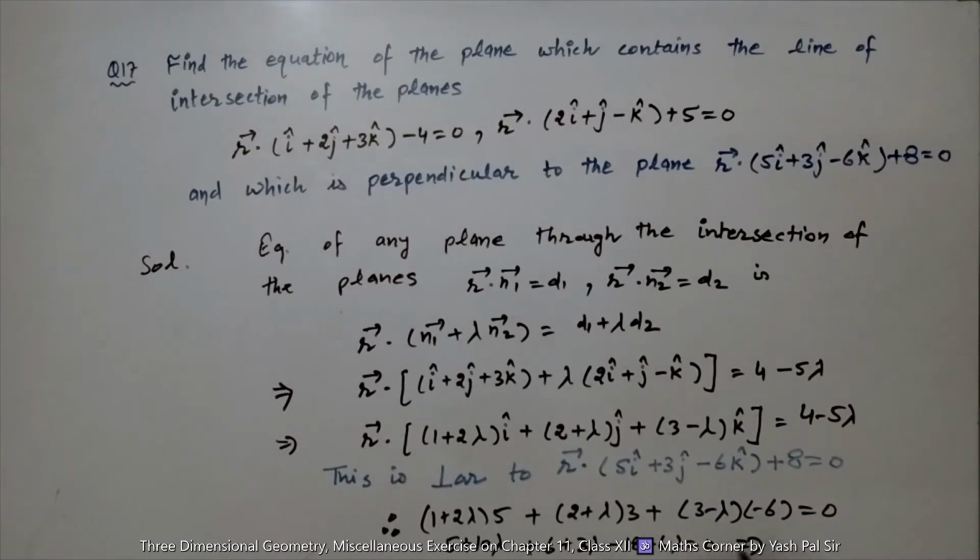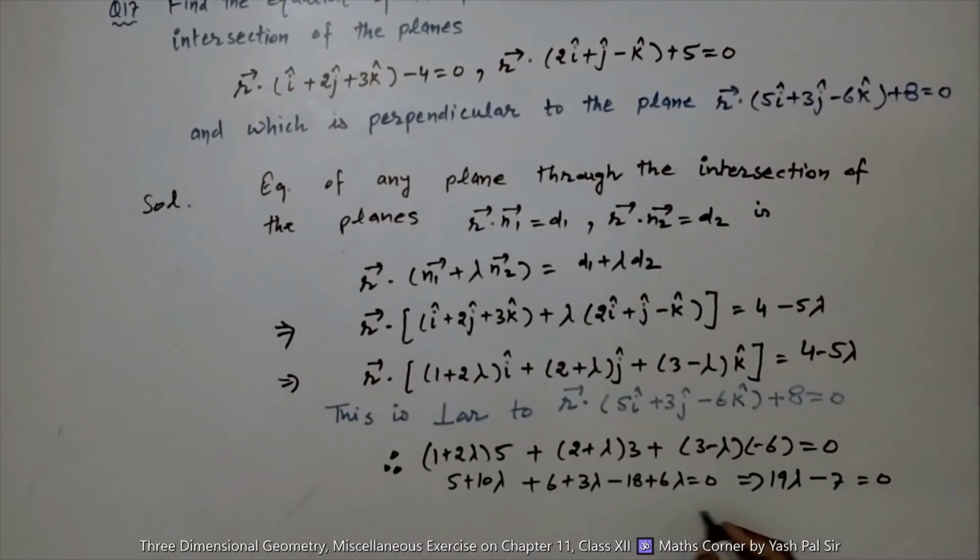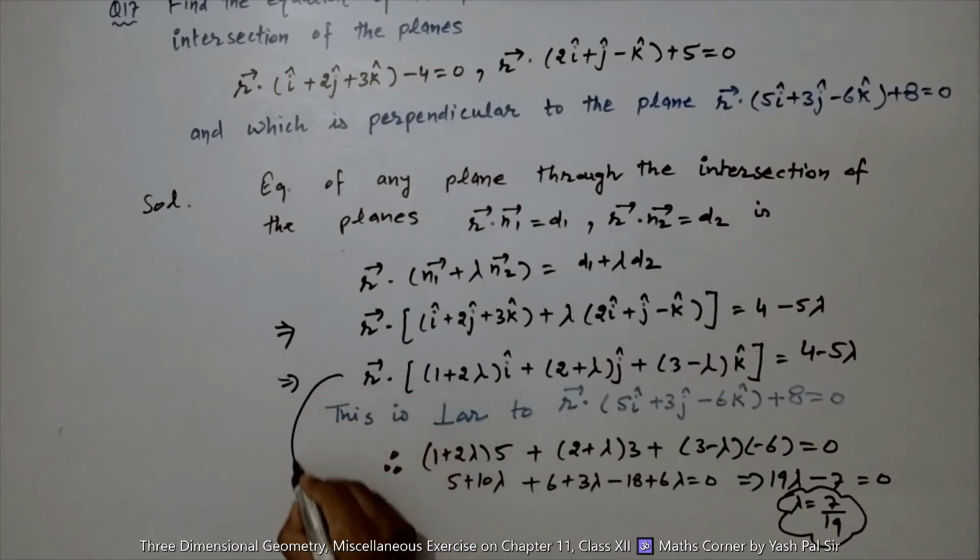This means 19 lambda, 5 plus 6 minus 18 is minus 7, minus 7 is equal to 0. That means the value of lambda is 7 upon 19. We substitute this value here.